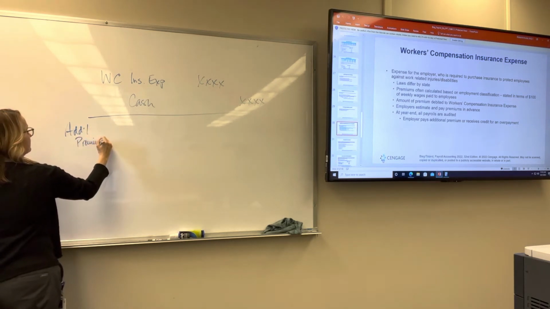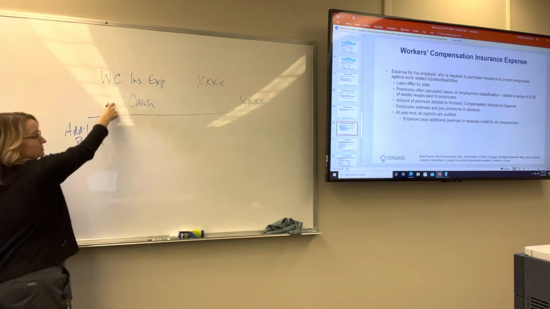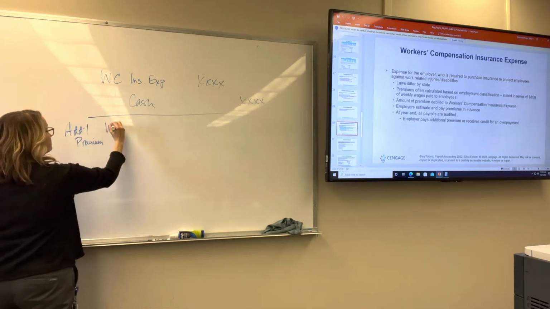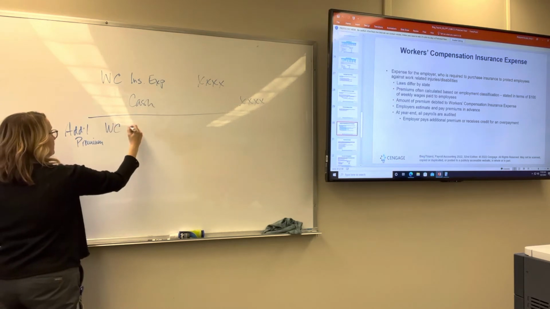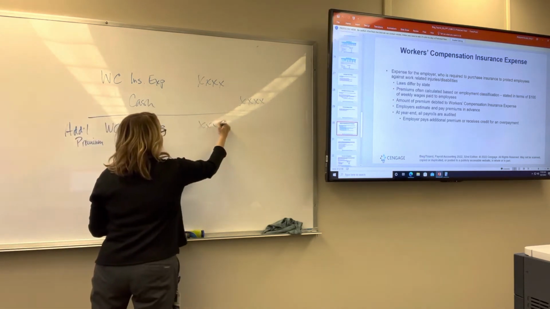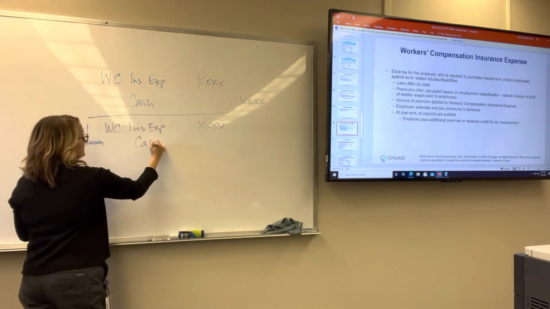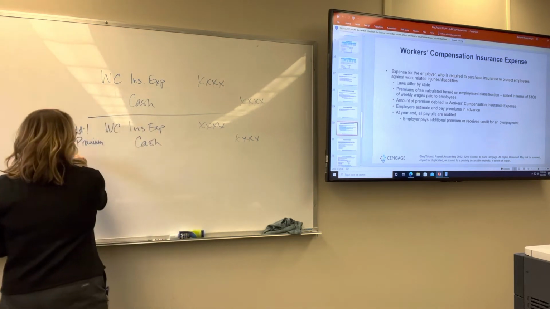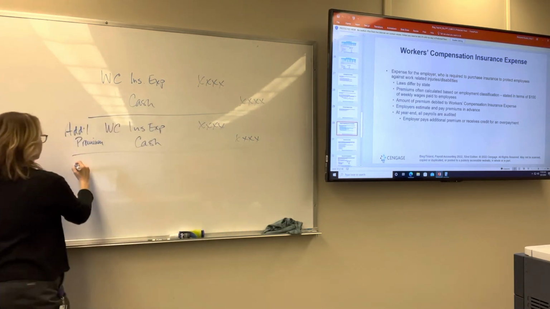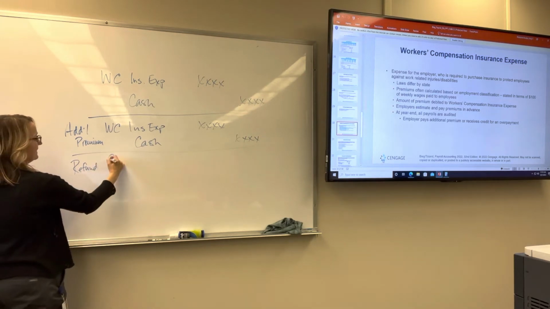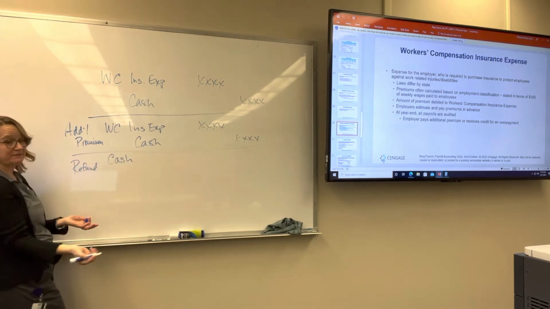So then at the end of the year, if there's an additional premium that they have to pay, we're going to just duplicate this entry because they're going to have to pay more cash. Cash going out again. But if they get a refund of the premium, then we've got cash coming in, so we're going to debit the cash at that point.